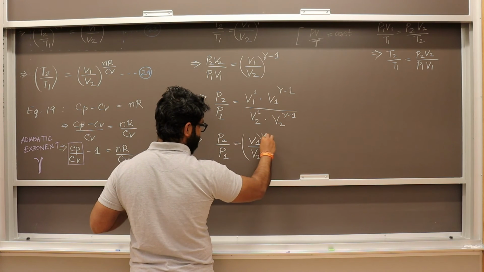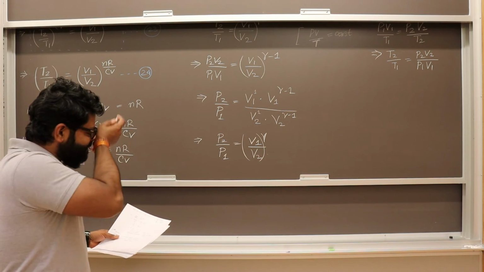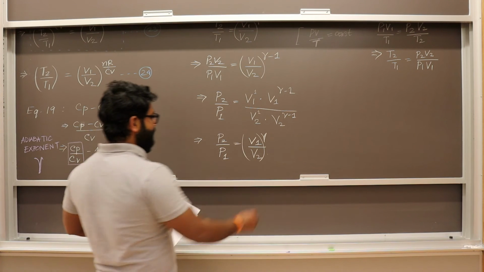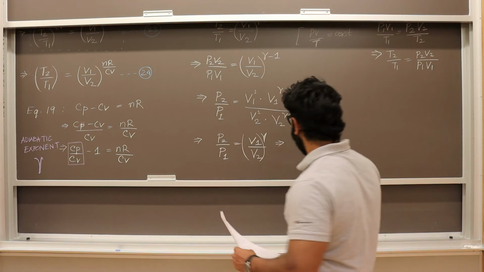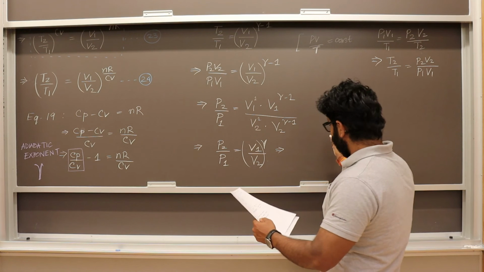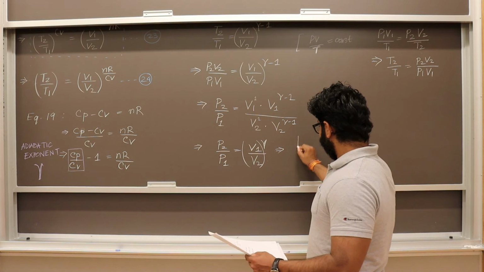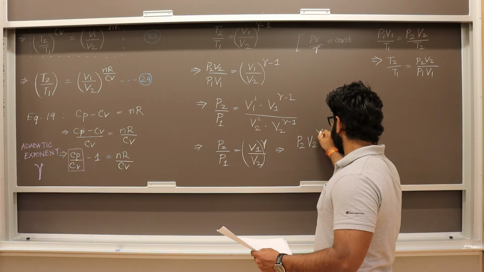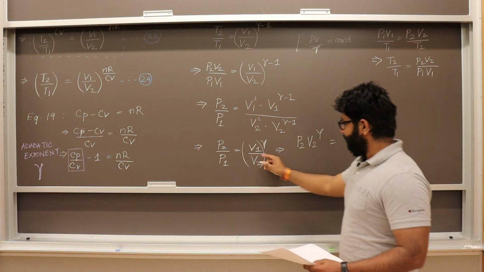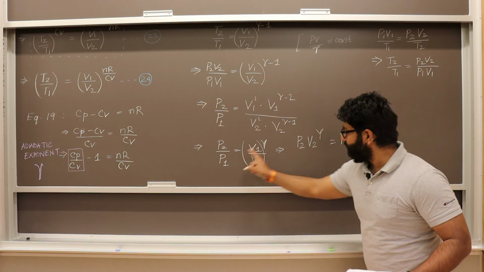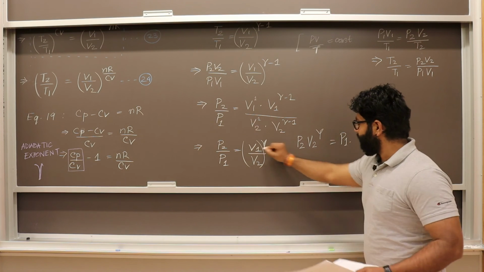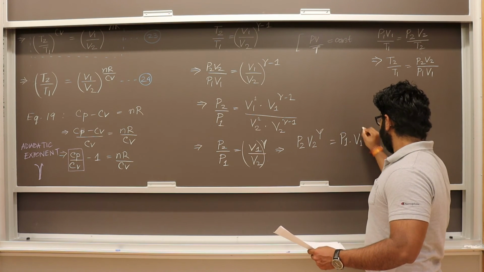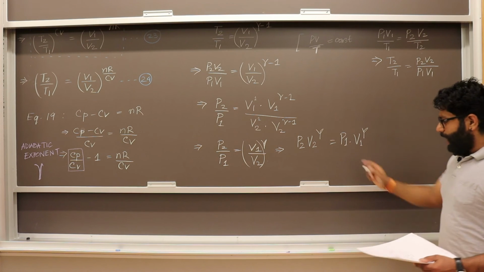So I just wrote this. This can be rearranged again as P2 V2 to the power gamma equals P1 V1 to the power gamma. How does this look?